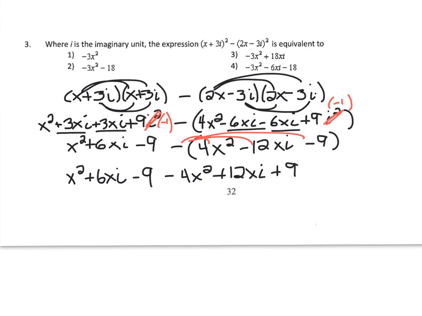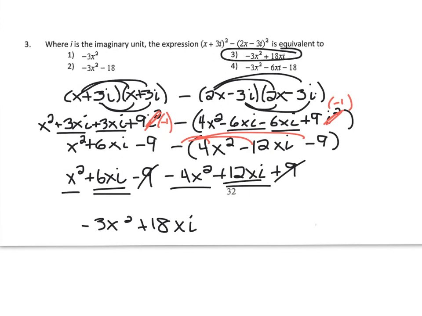And from here, just combine your like terms. We can combine x squared minus 4x squared to give us -3x squared. 6xi plus 12xi would be positive 18xi. And then the -9 and the positive 9 just cancel off. Okay, so it looks like that would be answer choice 3.